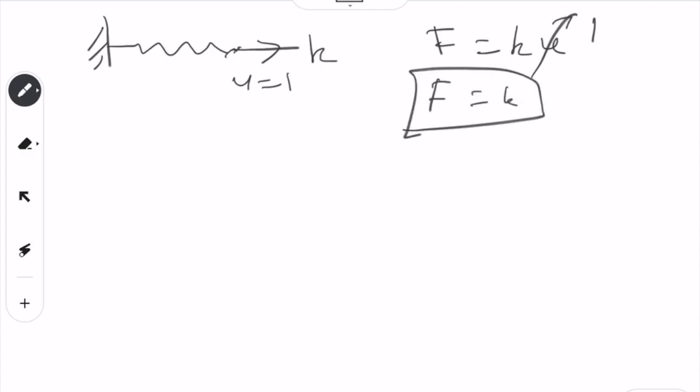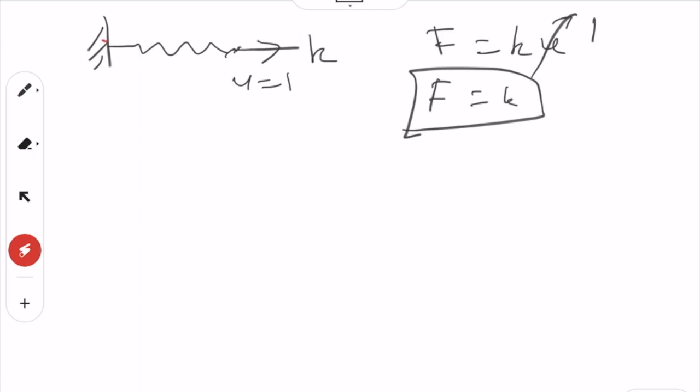Only difference is now a stiffness term is not a scalar value. It is like a matrix, meaning that we have a little bit different meaning of that. We are applying displacement here, measuring force here, applying displacement here, measuring force here.